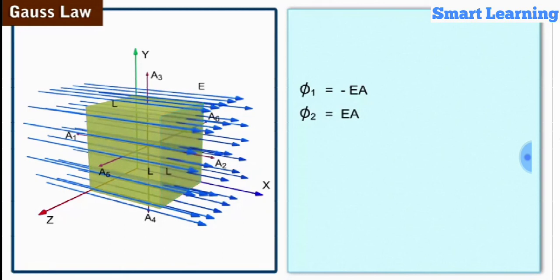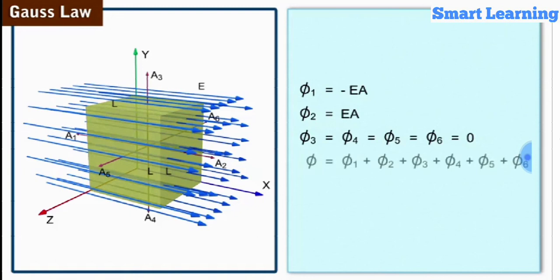The flux through the faces 3, 4, 5, and 6, that is, phi 3, phi 4, phi 5, and phi 6, respectively, is equal to 0, since the area vector is perpendicular to the direction of the electric field with respect to these faces. Therefore, the net electric flux through the cube is minus EA plus EA, which is again equal to 0.